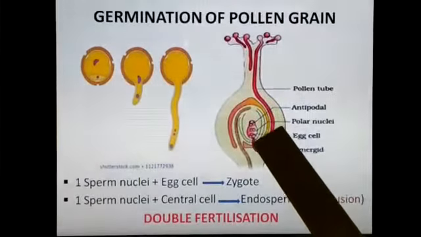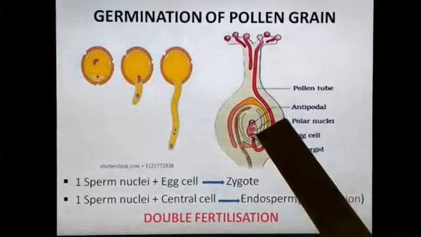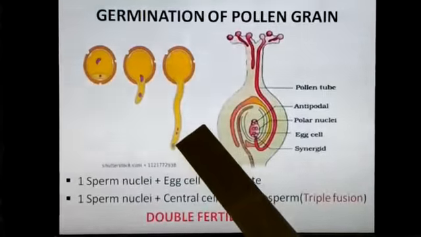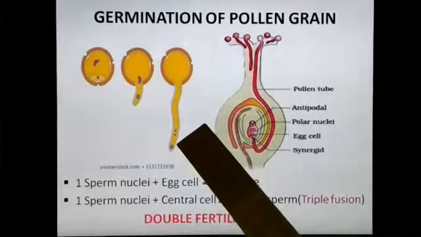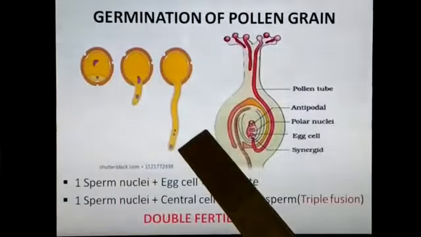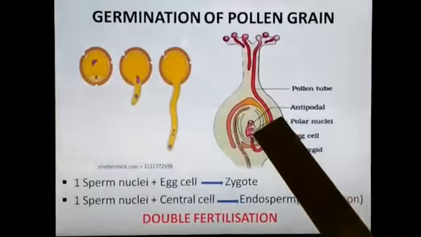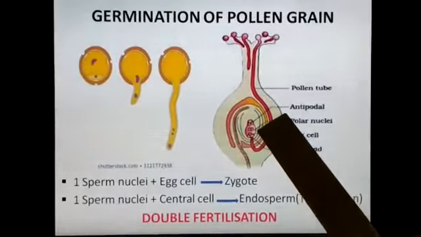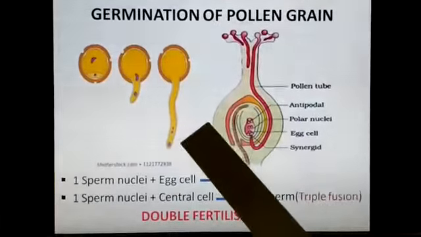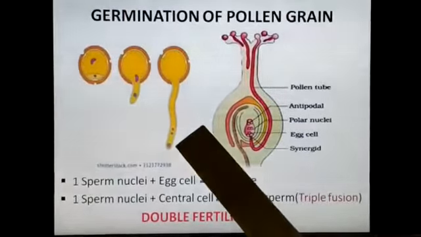Once the pollen tube enters through the micropyle inside the ovule, the tube nucleus degenerates because its work is only to form the pollen tube and bring the two male gametes inside the ovule. So once the male gametes reach the ovule through the micropyle, the pollen tube degenerates.